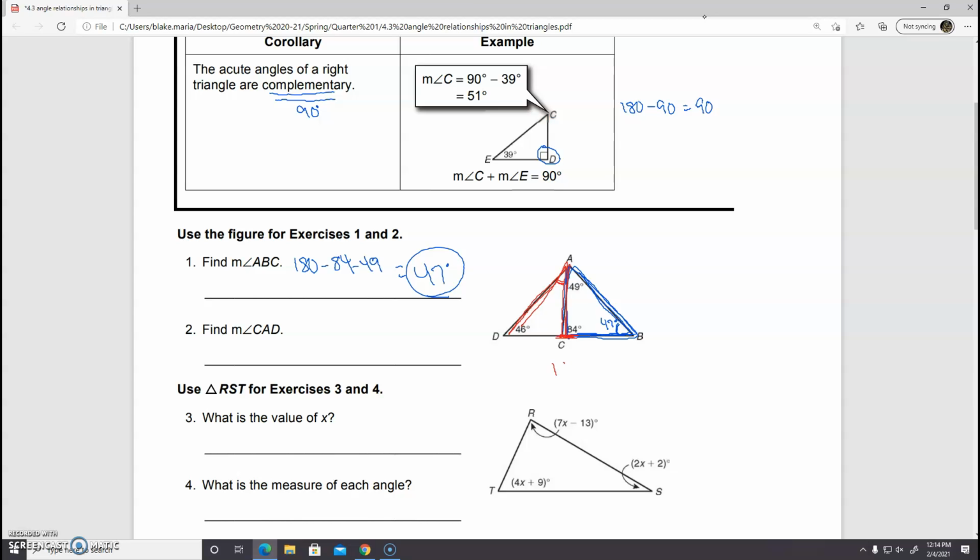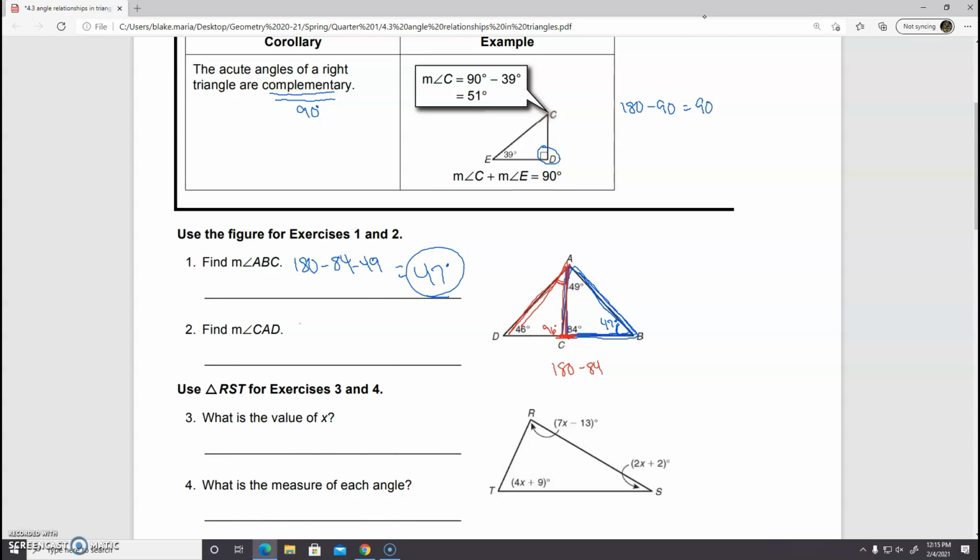So I can do 180 minus 84. Sorry, my pen's not working. There it goes. And you can find out that this angle right here is 96 degrees. So you might have to do some stuff that we've done before, right? Don't forget linear pairs. Don't forget vertical angles are equal. Don't forget the stuff we've already done.